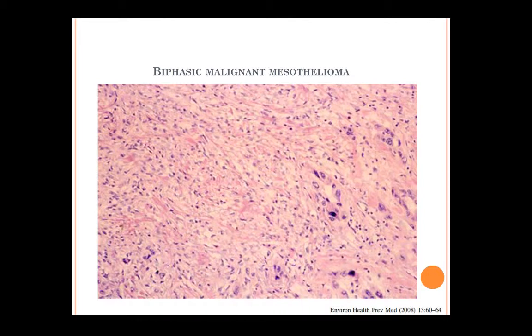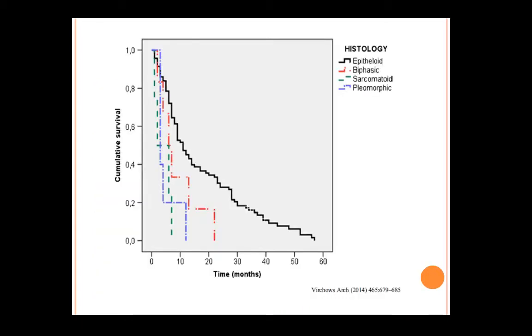classified as biphasic. Recognition of these patterns is important from the prognostic standpoint, with epithelioid having the best prognosis with median overall survival of about 16 months. Sarcomatoid and pleomorphic are the worst prognosis, and the survival rates are almost similar with median survival of about 4 months, and biphasic are in between and have a median survival of about 7 months.